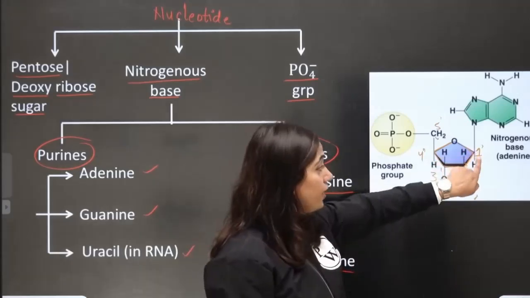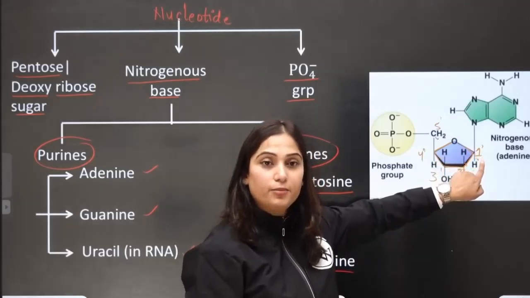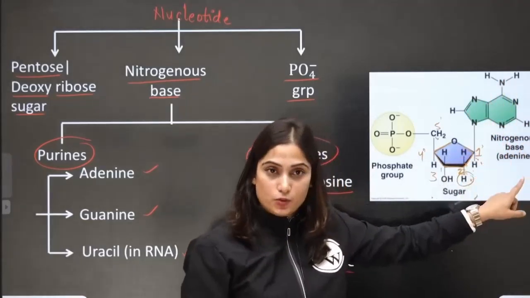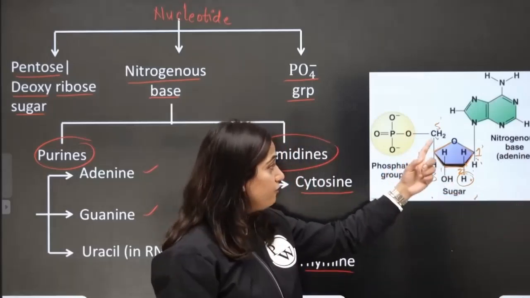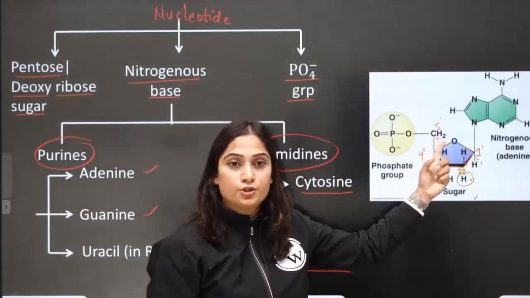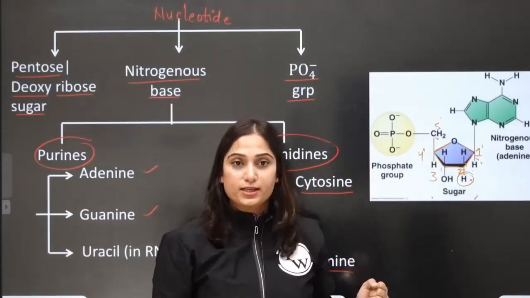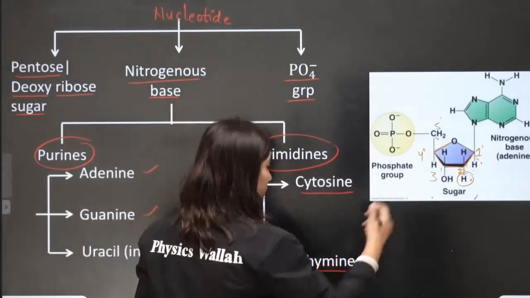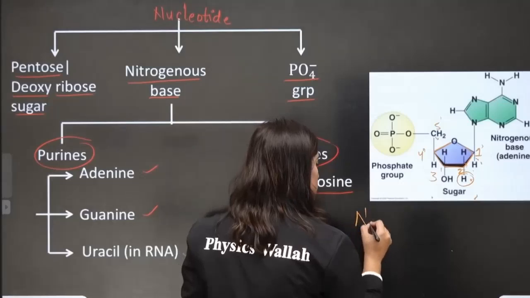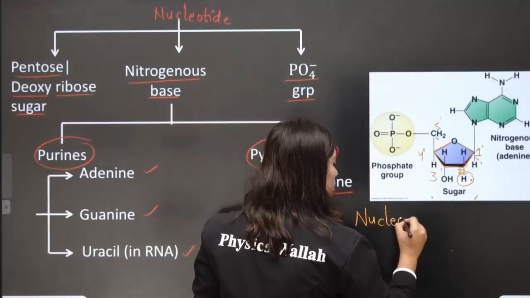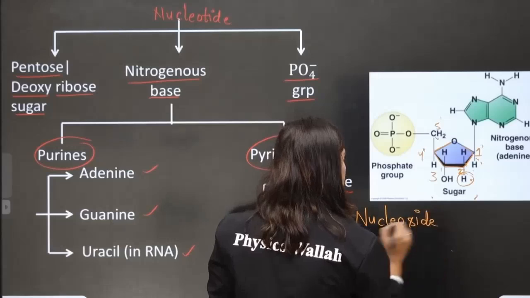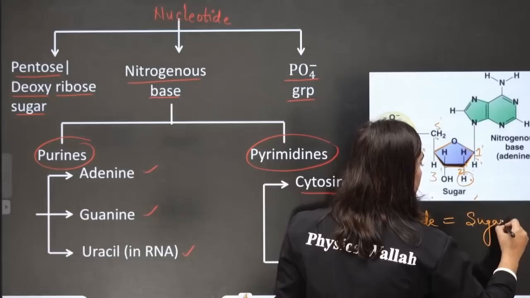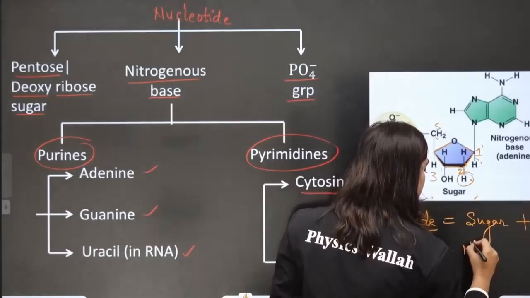At the 1' carbon of the sugar, the nitrogenous base is associated, and at the 5' carbon of the sugar, the phosphate group is associated. So, in this condition, we can also use a term, nucleoside. Nucleoside is equal to sugar plus nitrogenous base.